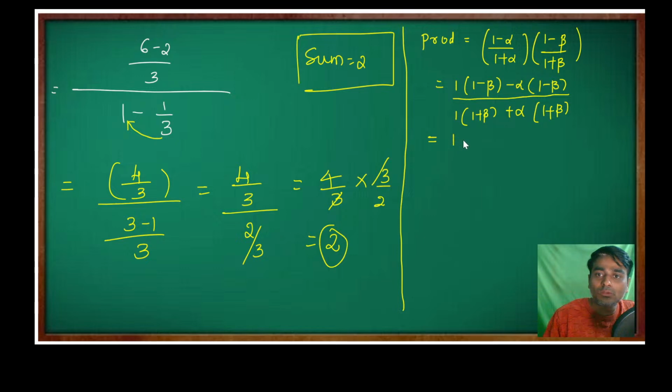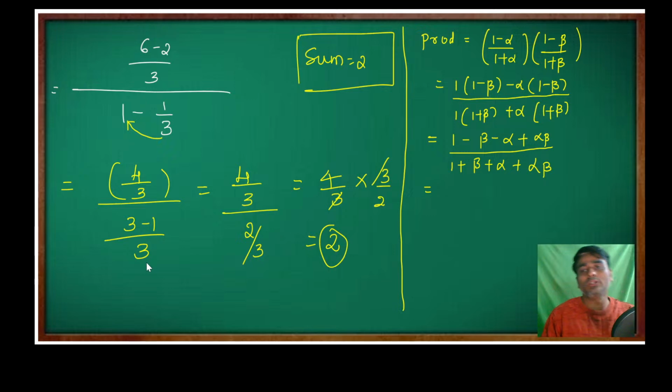How much will you get? 1 minus beta minus alpha plus alpha beta divided by 1 plus beta plus alpha beta, equal to. So here I will take minus common, then I will write it as beta plus alpha beta.